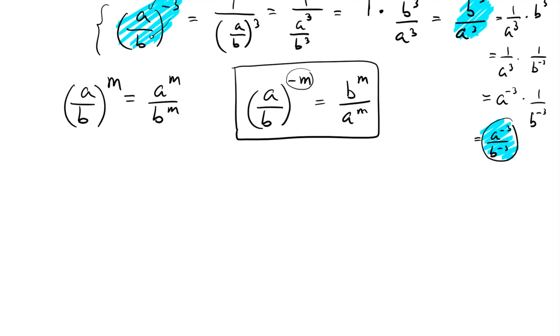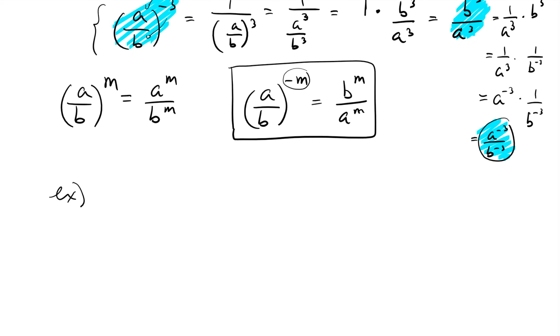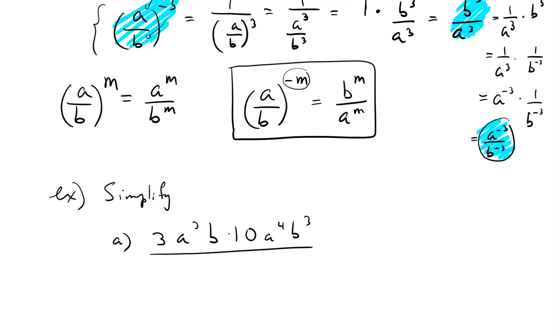So let's look at maybe two examples where we're going to apply all these rules combined together. In the book you'll see the exercise written something like simplify, and you'll have an expression. So let's say you have this. I've got a big expression.